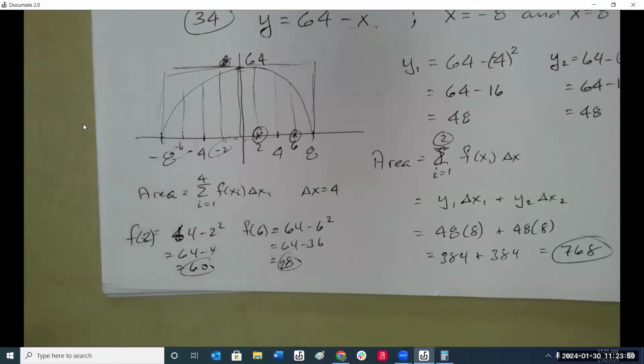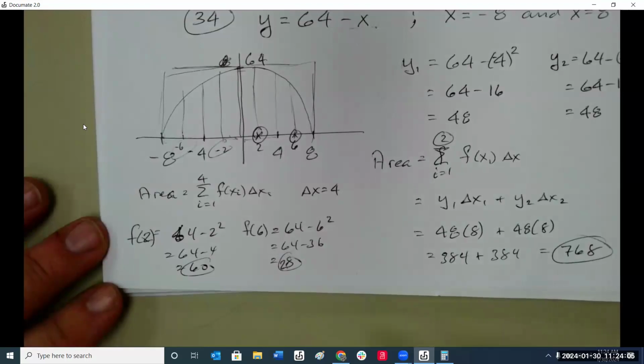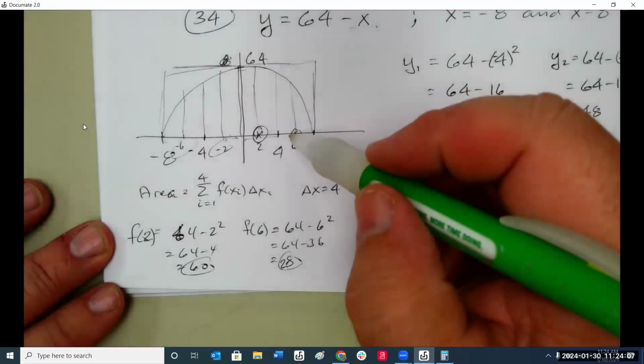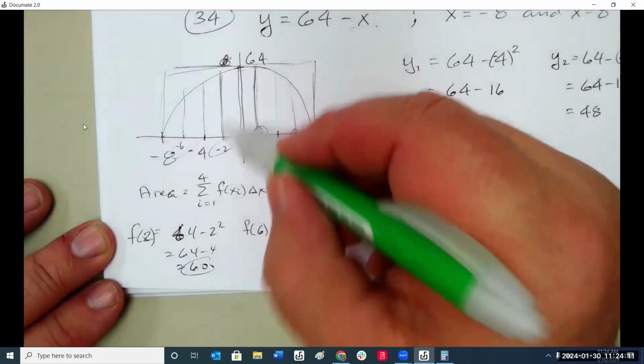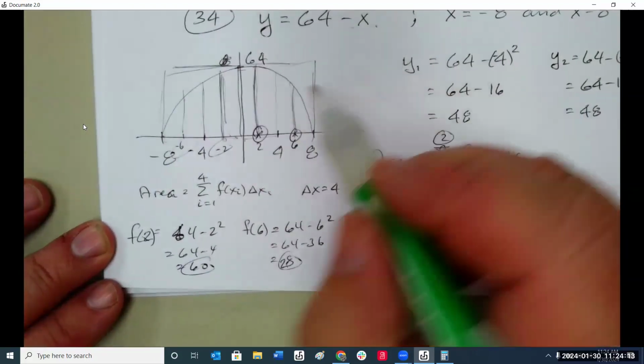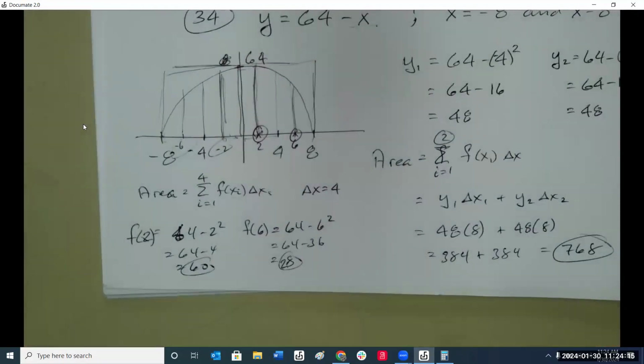It's new math. And it's the same for the negative ones. So we have 60 over here, 60 over here, 28 here, and 28 there.